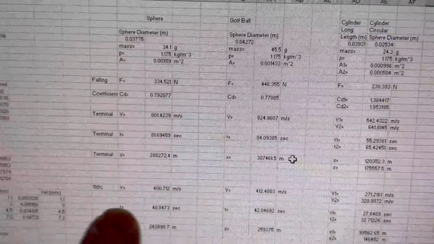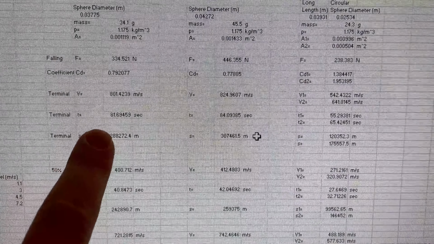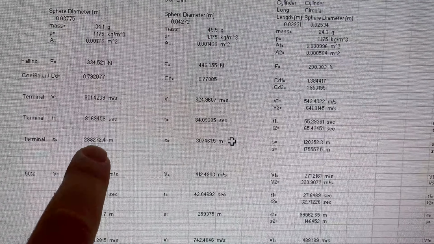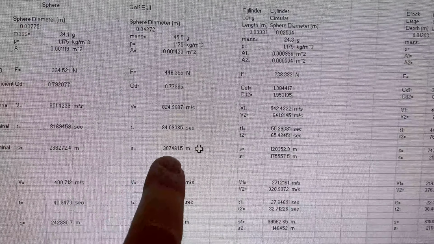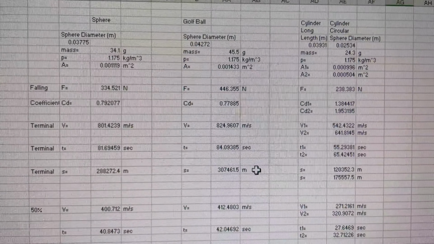Now I plugged it into handy dandy Excel, and you can see my terminal velocities here: 801, 4239, 81, 2,880, 272, which seems like a really long distance, but I don't know.